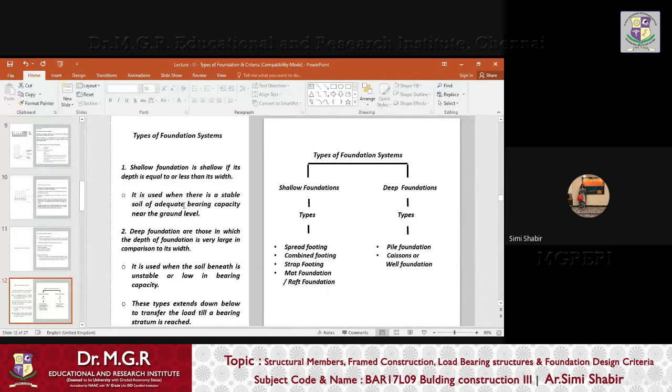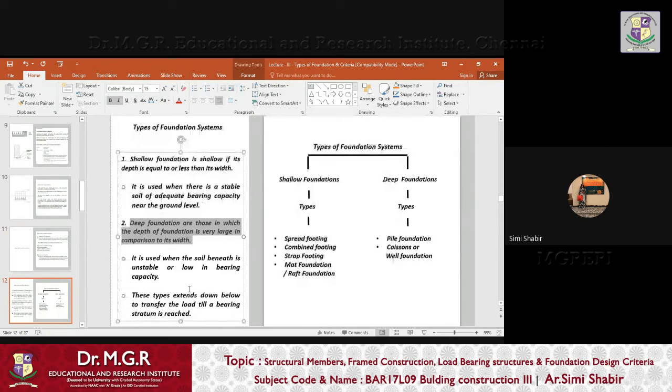And we go for shallow foundation when there is a stable soil of adequate bearing capacity near the ground level. Whereas deep foundations are those in which the depth of the foundation is very large compared to the width, and it is used when the soil beneath is unstable or low in bearing capacity. These types extend far down below to transfer the load till the bearing stratum is reached.